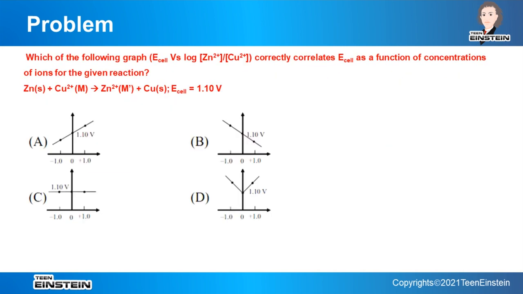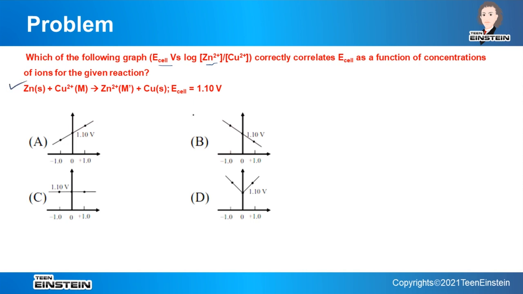Next problem. Which of the following graphs correctly correlates E cell as a function of concentration of ions for the given reaction? Here we have a total of 4 graphs given in options A, B, C, D. This graph is E cell versus log of Zn2+ over Cu2+. So which graph will be correct for this equation?